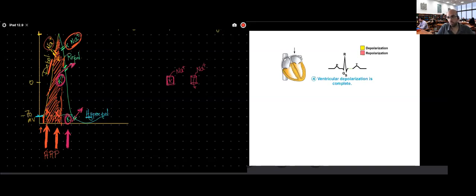What do you think? Would I be able to initiate another action potential if I received a strong stimulus that can compensate for the loss of potassium and at the same time open enough sodium channels to create another depolarization phase? What do you think? Yes, in this case, I can create another action potential.